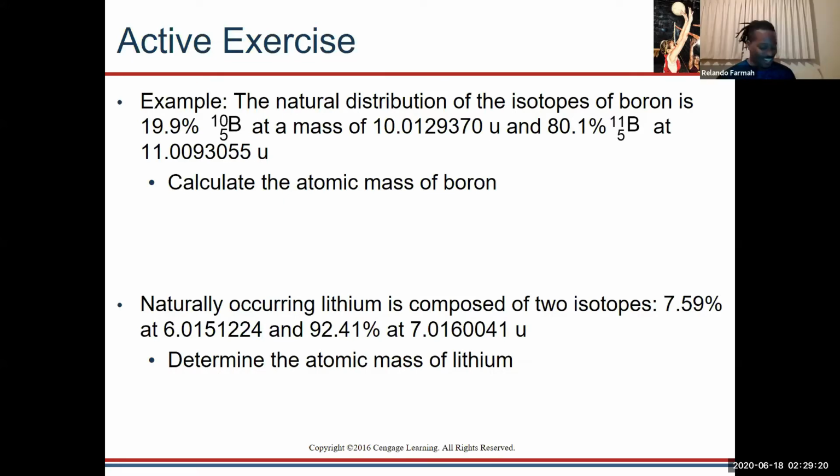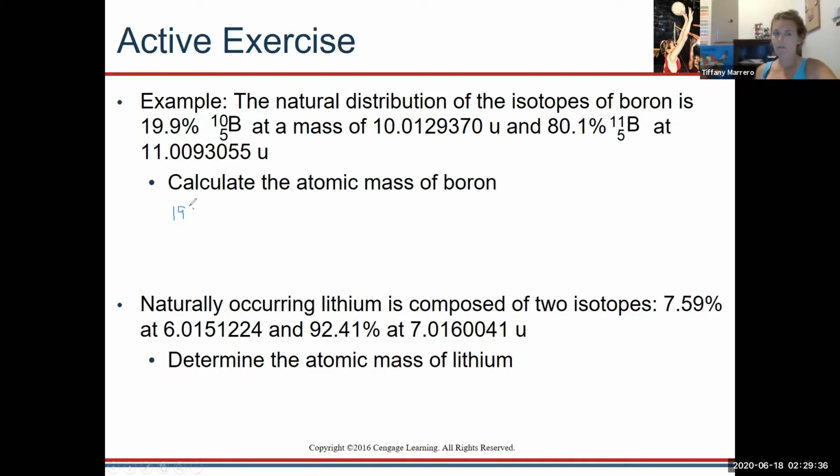Is this where the formula is AMU and you have to change the percent to a decimal? That's right. We have to change the percent into a decimal. So let's start with that. Thank you, Dion. We just divide it by 100, right? Yes.